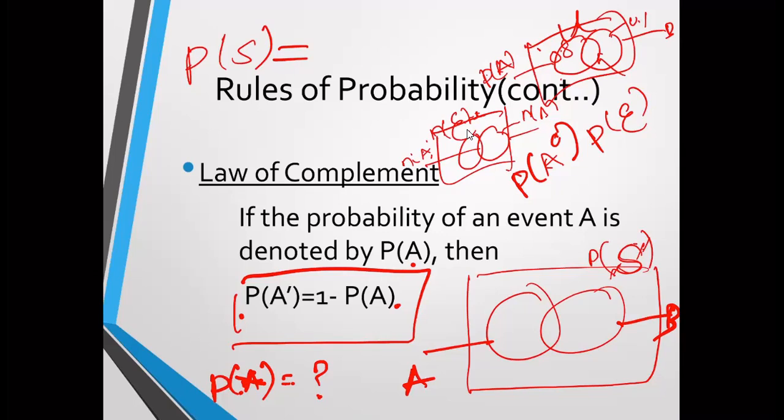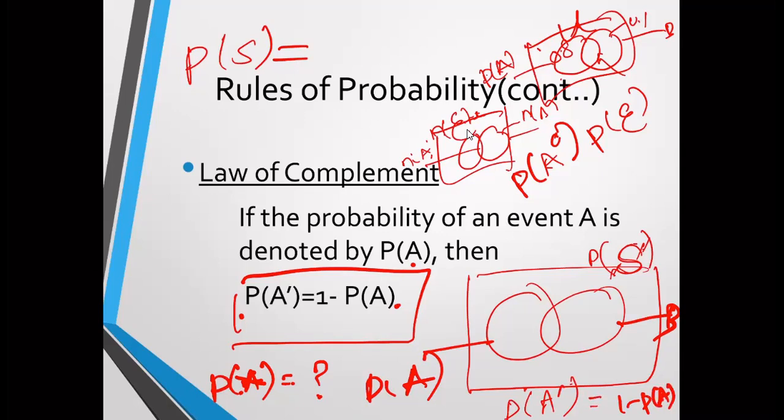So here, event A is defined as this, and the probability of event A is given as PA. It can be any number from 0 to 1. And if you want to find PA dash, the probability of A complement, that is going to be 1 minus PA. That is a rule, the law of complement.